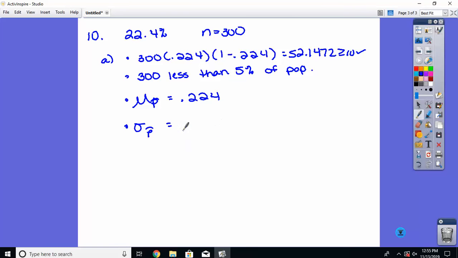Your sigma is the square root of P times 1 minus P over N. So if I work that out, try to keep a few decimal places here. What is my N? I don't know why I wrote N instead of the number. 300.